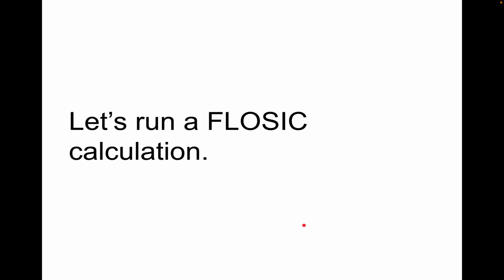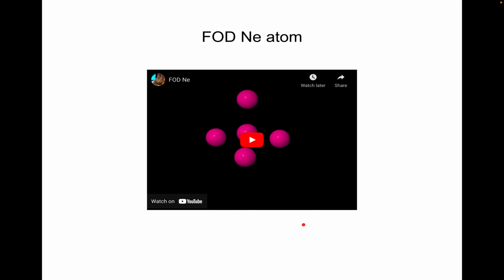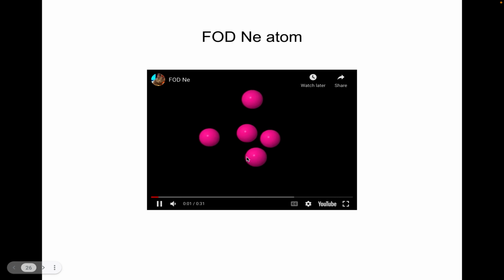Okay. Now for the rest of the presentation, I want to show you the optimum FOD for some of the simple systems to give you the insight of how those FODs look. So this is the example for the neon atom. In the case of neon, you have one FOD at the center.